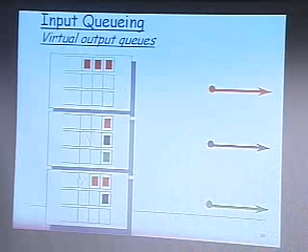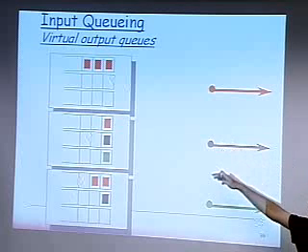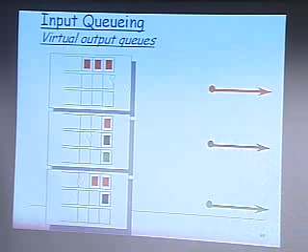So once the forwarding decision is made, then you send that packet into a local virtual queue. And then this arbitration decision is done based on these virtual output queues.